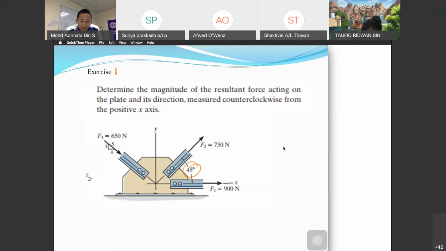And we have F3, in this direction. Then you have the 3-4-5 triangle with 650 Newton. So for the force given 650, the direction is that one. Okay, F3y, F3x.